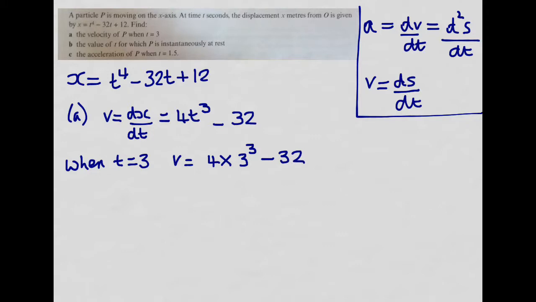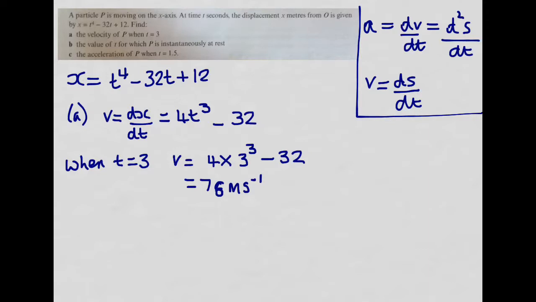Typing that into your calculator, your answer is 76. And I need to go back and just check those units, because I mustn't forget our units. So it's 76 meters per second. I'll just make that 6 a little bit clearer.